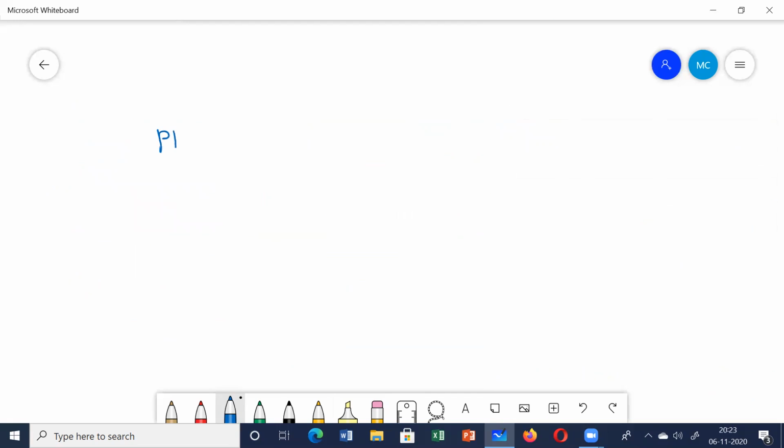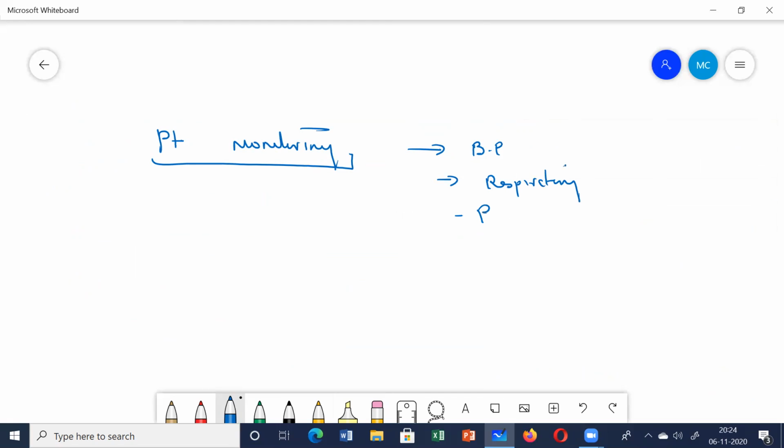So what are the things I told you in the management of shock? First, come to patient monitoring. In the patient monitoring, what are the points I told you? You have to measure the blood pressure, the respiratory rate, and look for the pulse. Measure through the ECG the cardiac rate and rhythm, arrhythmias.